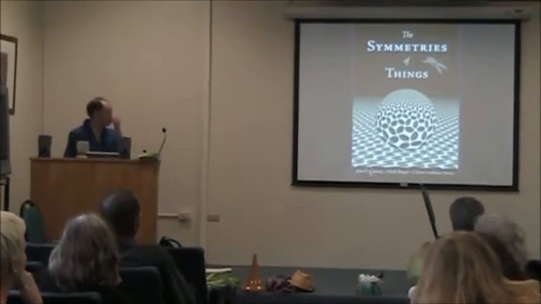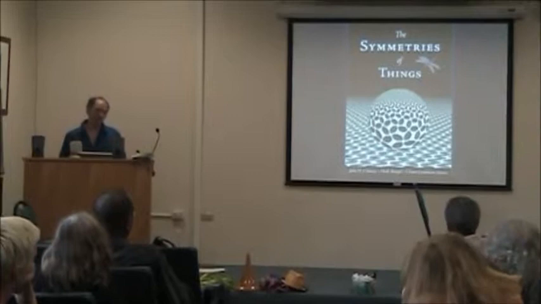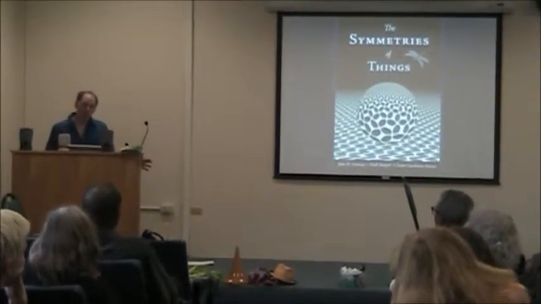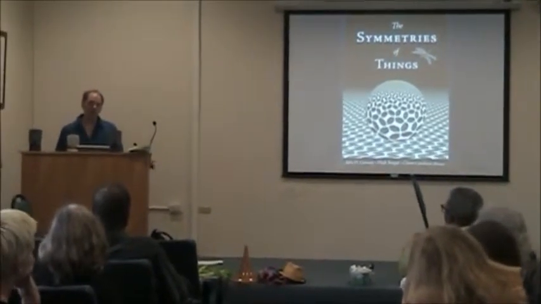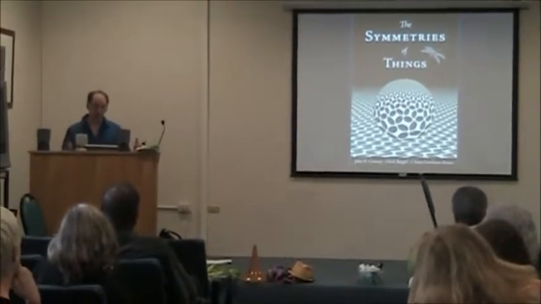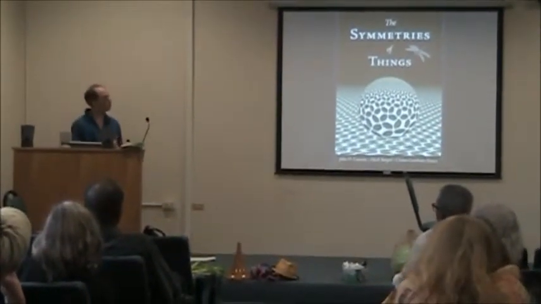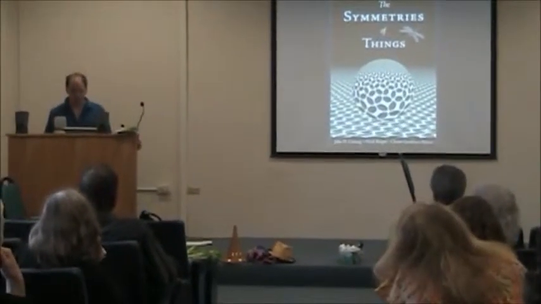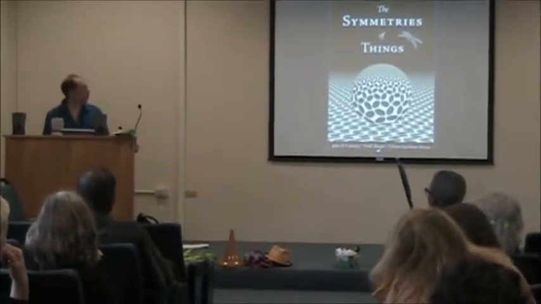And another thing that's closely related is, again, a sort of sales pitch, but it is really all tangled up with the idea of making mathematics accessible and engaging and intriguing to people that wouldn't really think of what you're up to as mathematics. This is a book, The Symmetries of Things, that John Conway and Heidi Burgiel and I wrote.